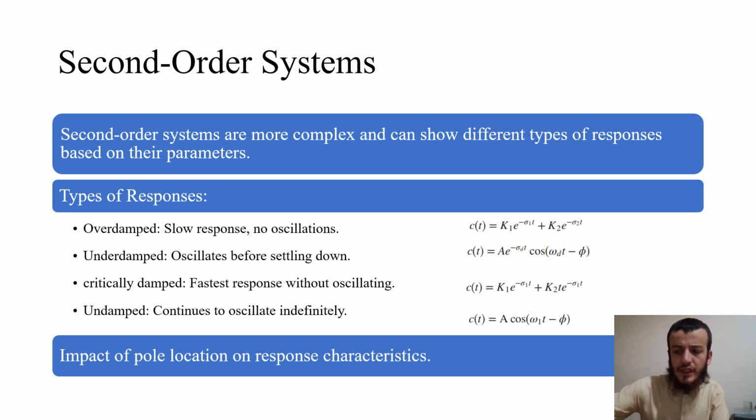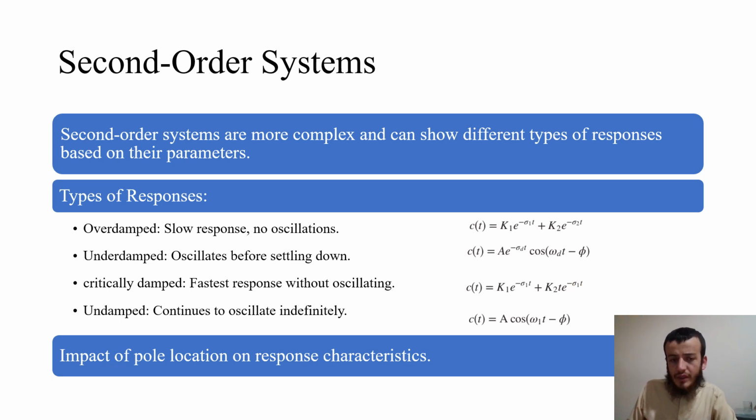The next one is critically damped. What is critically damped? We have two real poles, but only at sigma 1.